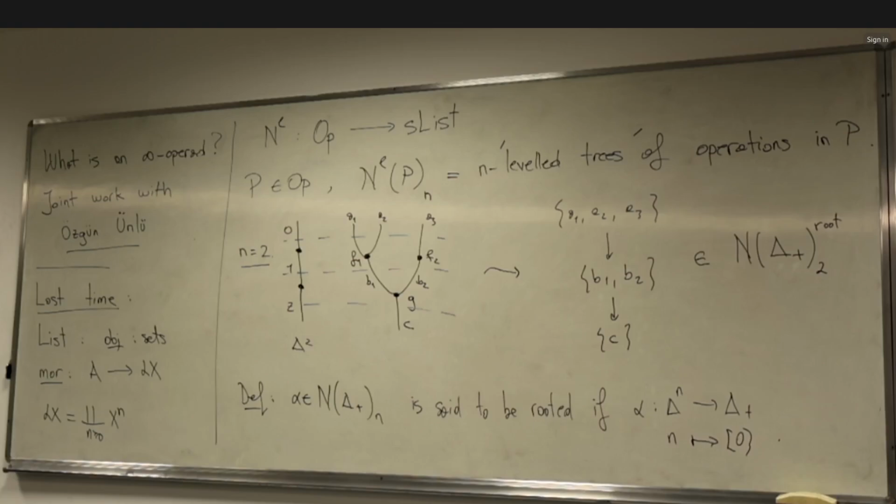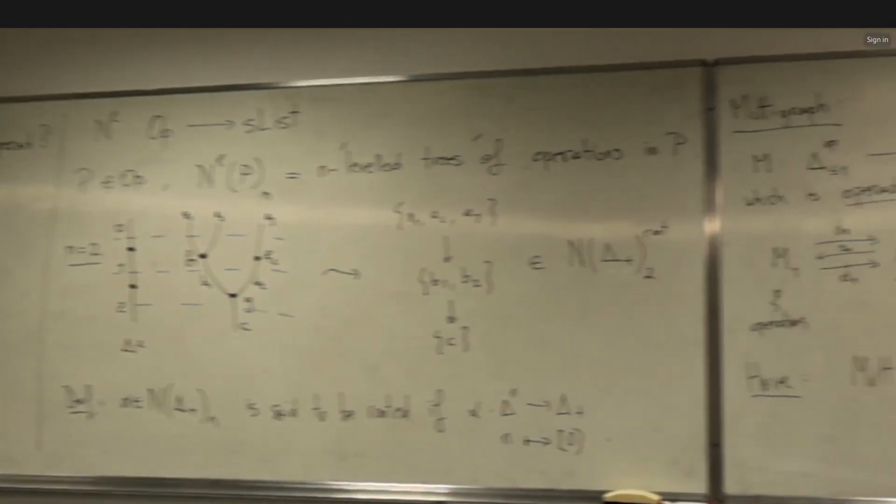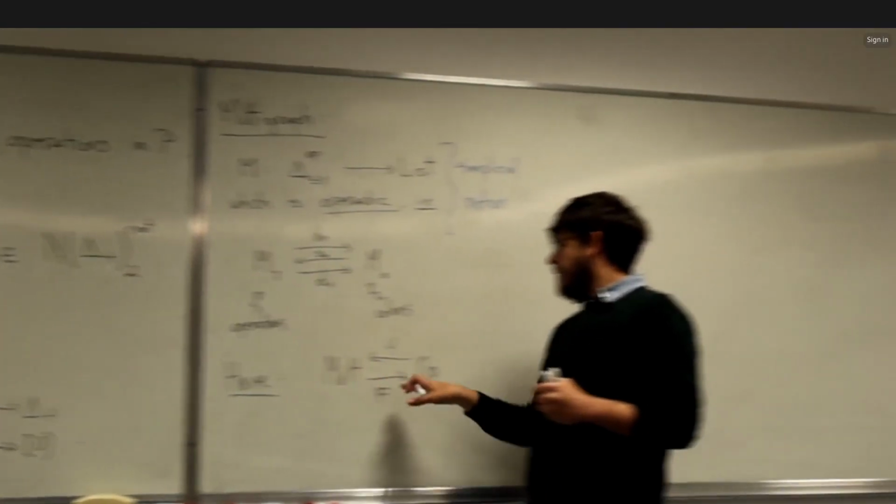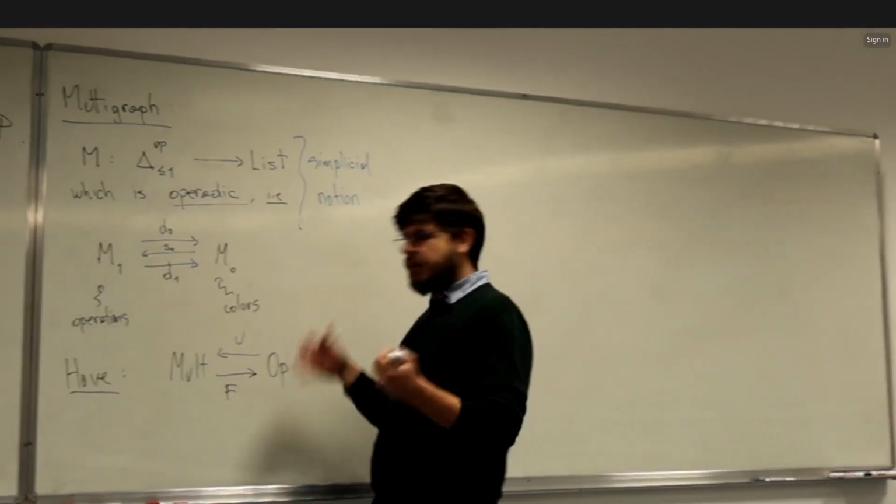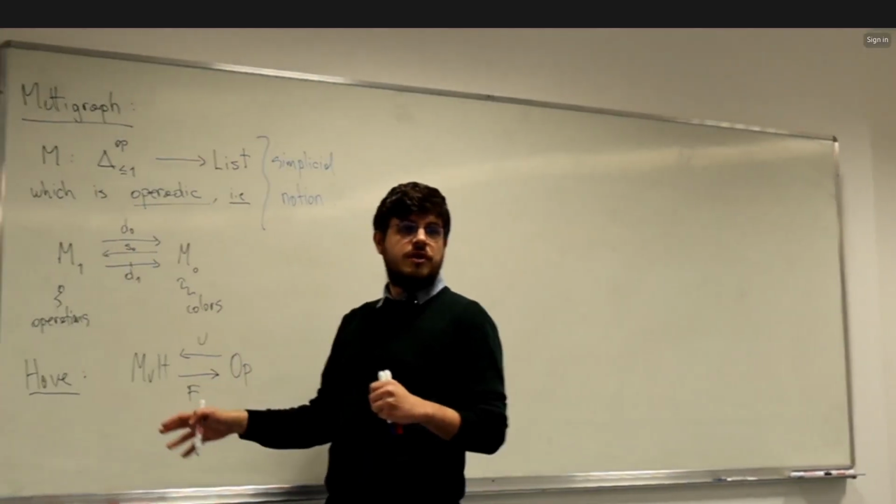What does a forgetful functor do? Take an operad, let the operations be M1, let the colors be M0, source, target, identities. Right? So you have this forgetful functor, call it U, and we have a free functor here. In the paper we do this rigorously, but it is kind of intuitive.